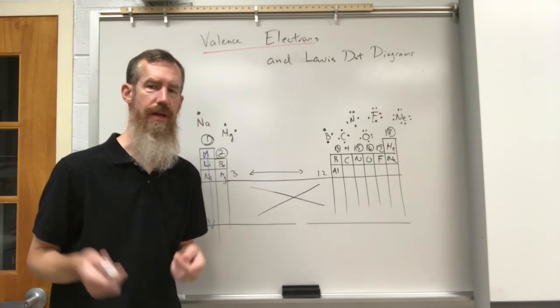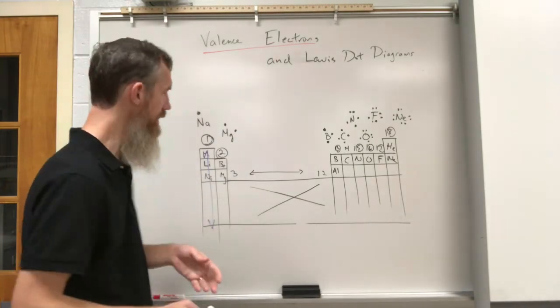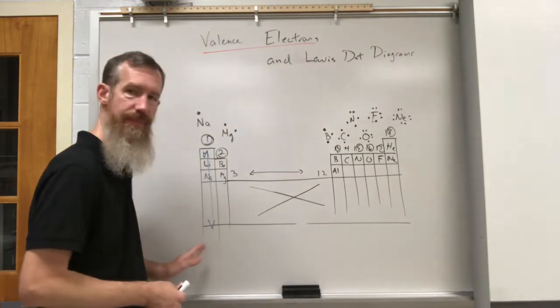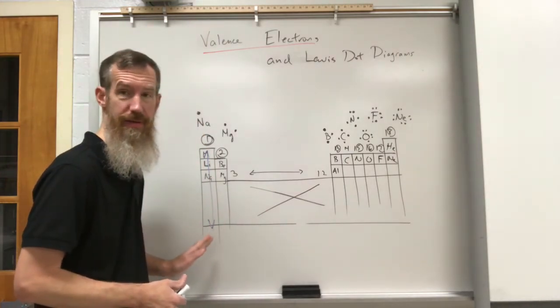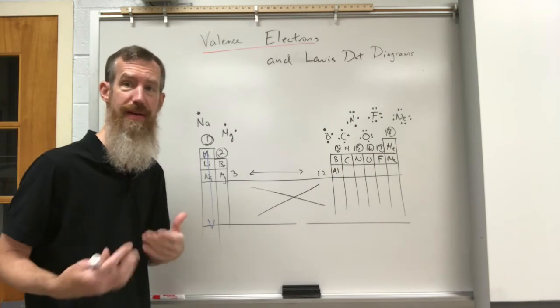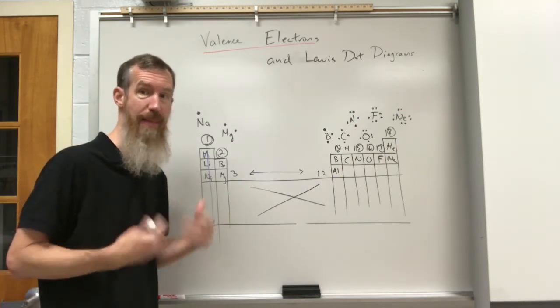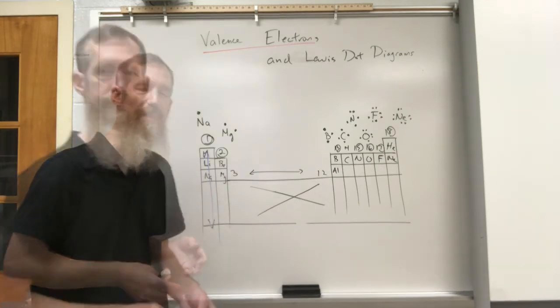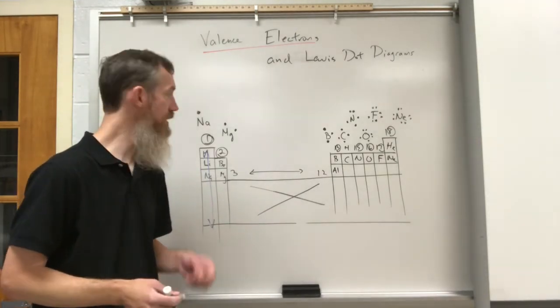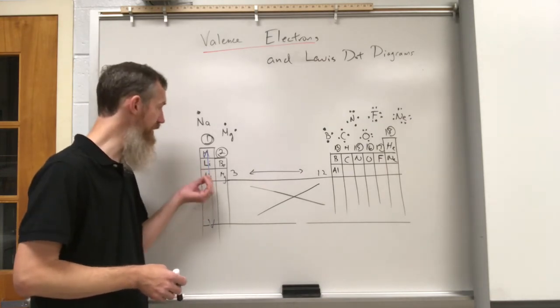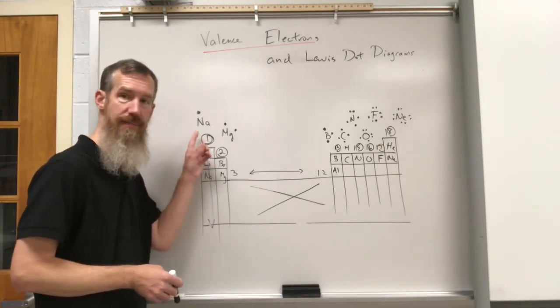Okay, so to summarize, if you happen to know the column that an element is in the periodic table, because of the way the periodic table is arranged, and again, we'll go over why and how that happened later. So if you're in the first column of the periodic table, you're going to have 1 valence electron, 1 dot.